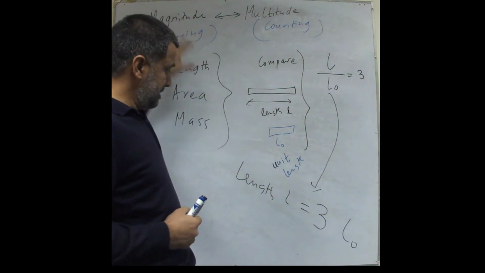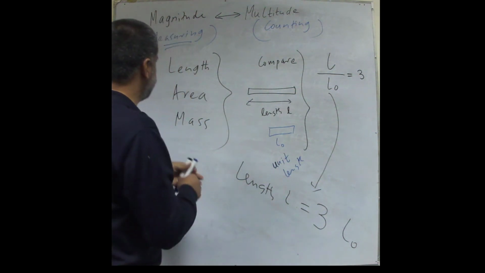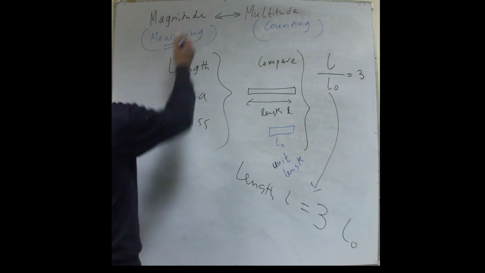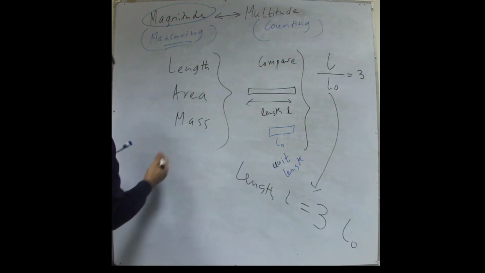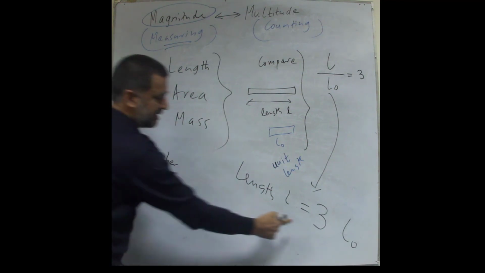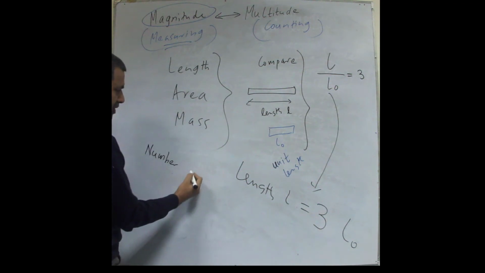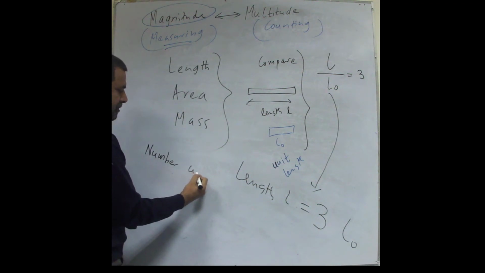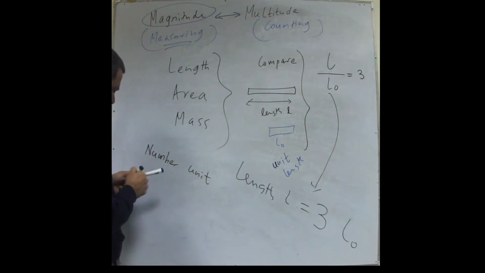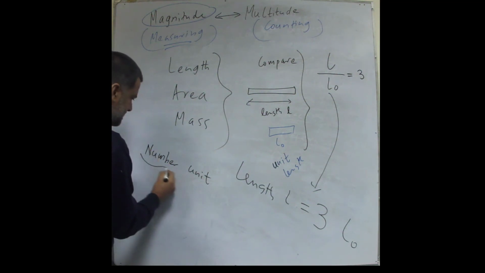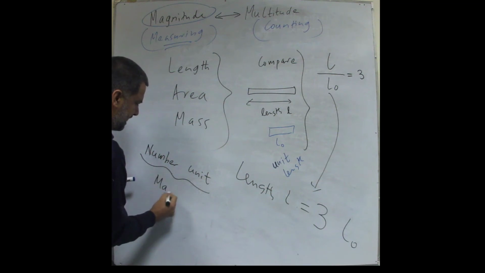With a magnitude, you will have a number, just like this 3, followed by a unit. This is what I mean by a magnitude.